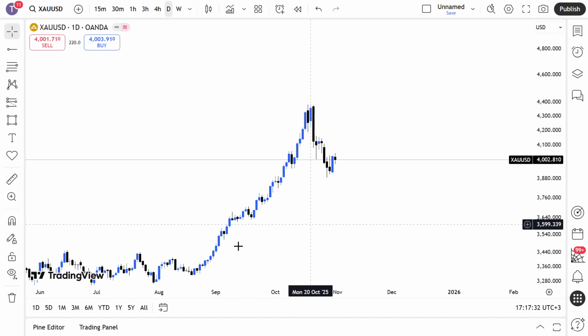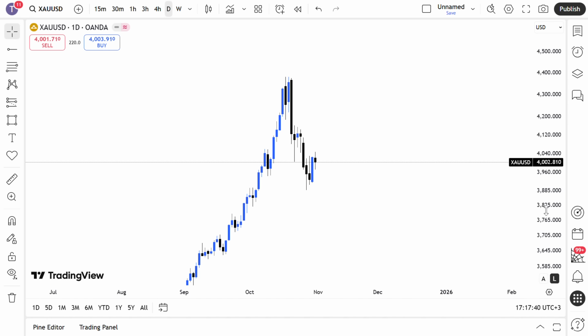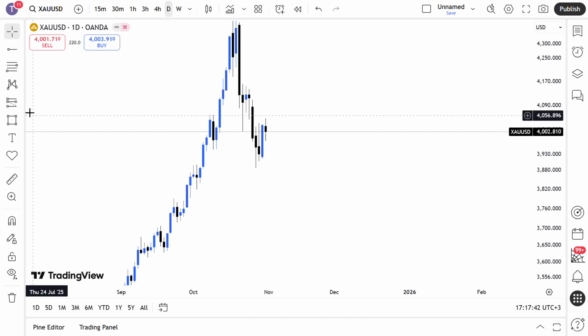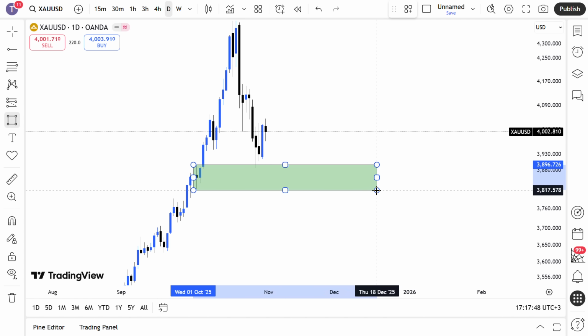I'm not going to focus on the broader view of the market, let's say maybe from the other structures. But as for now, I'm going to use this reaction. We have a reaction from this order block. As I told you guys from the previous video, we have a reaction from this point.